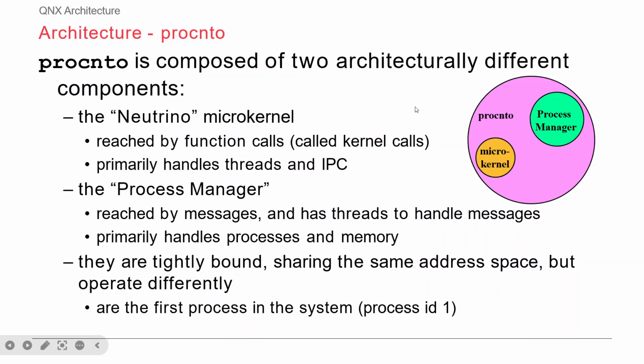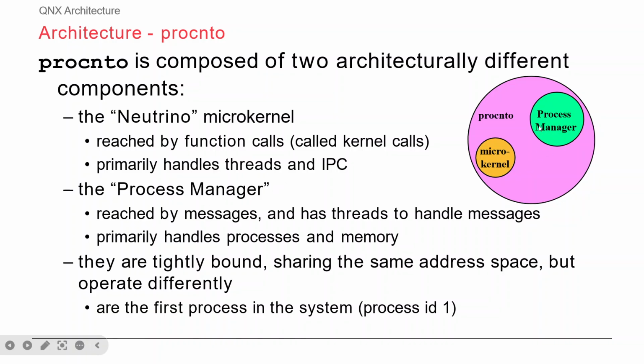In the microkernel architecture, Proc nto has two parts. One is the Neutrino microkernel, which is reached by function calls, and it handles threads and IPC. The second one is the process manager.